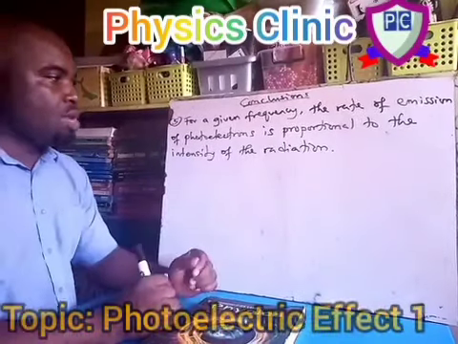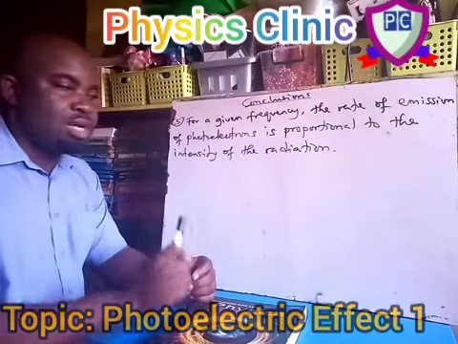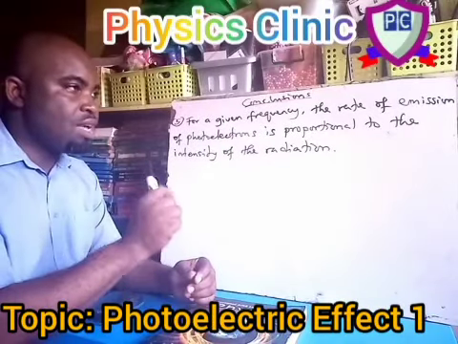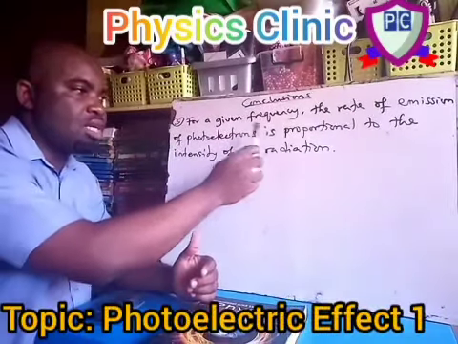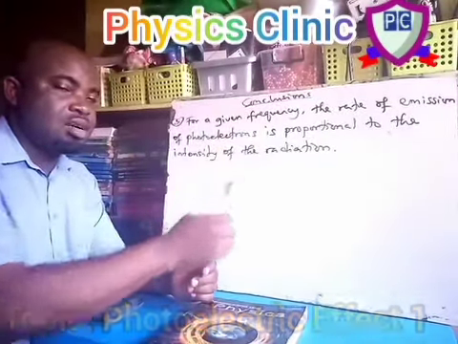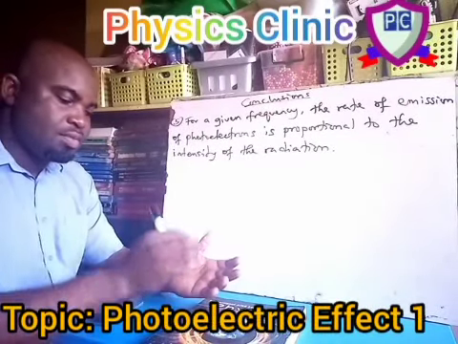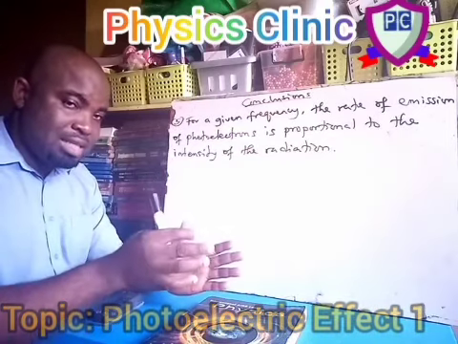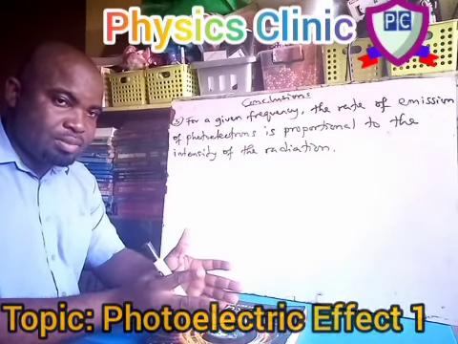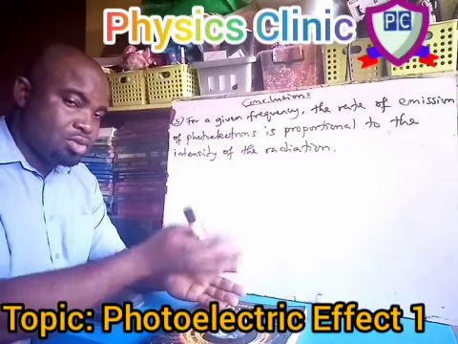The fifth conclusion is that for a given frequency, the rate of emission of photoelectrons is proportional to the intensity of the radiation. What we mean here is that if the incident radiation has a particular frequency, electrons will be ejected.